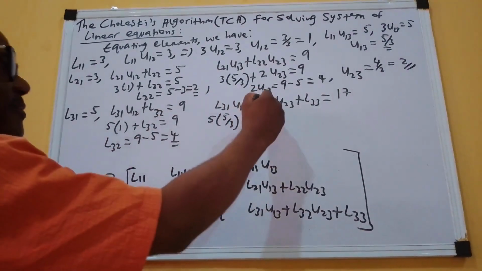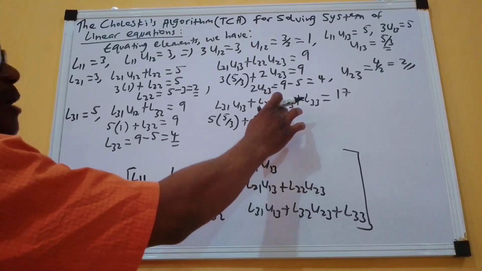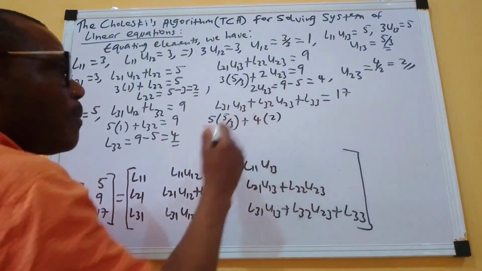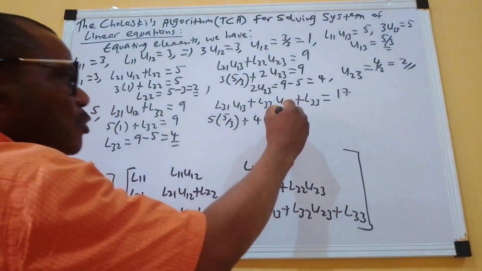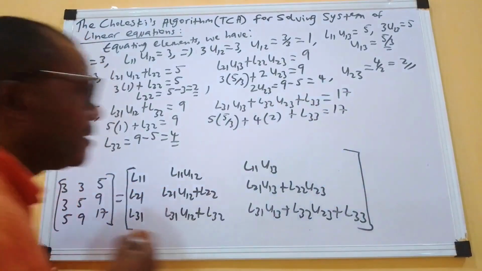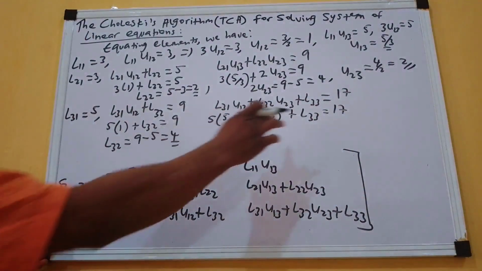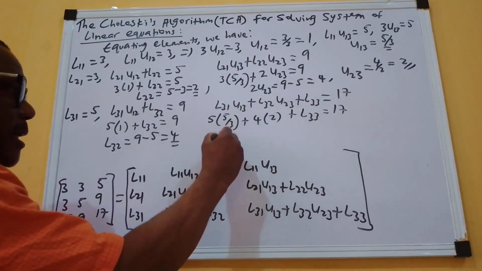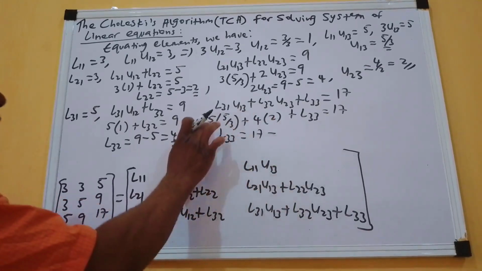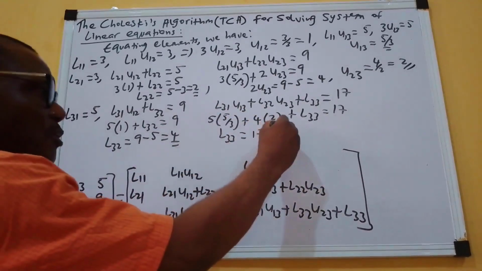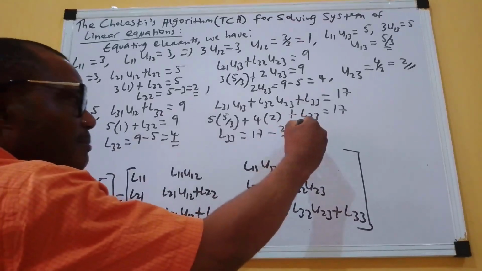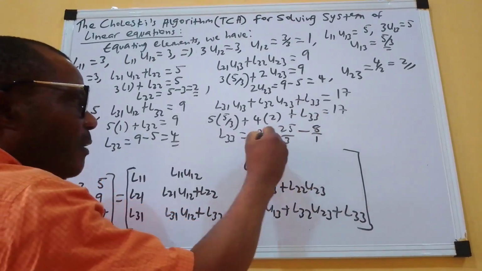Our L32 is 4. What is our U23? Our U23 is 2. Then plus L33 is equal to 17. So we are going to have our L33 is equal to 17 minus 5 times 5 is 25, minus 25 over 3. Then 4 times 2 is 8, minus 8, we put it 8 all over 1.